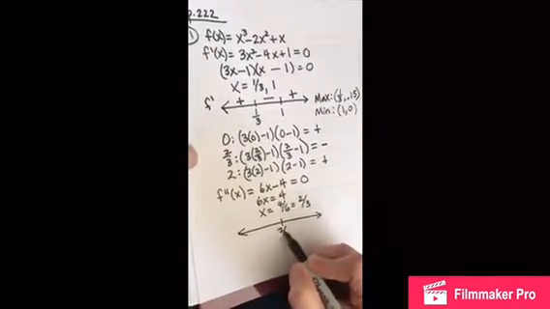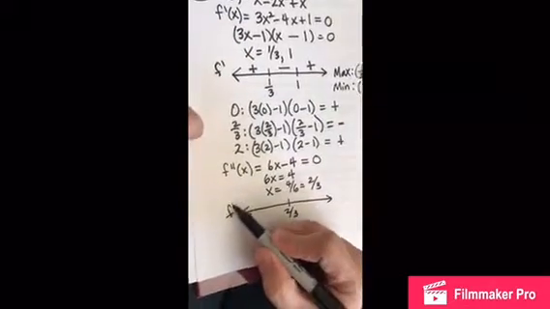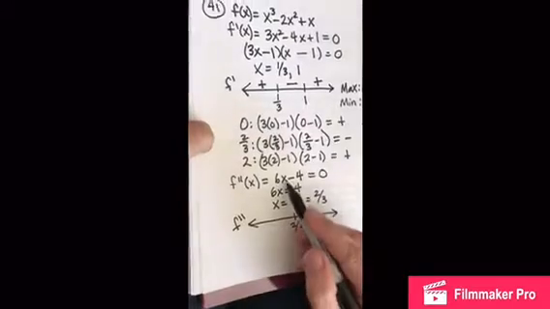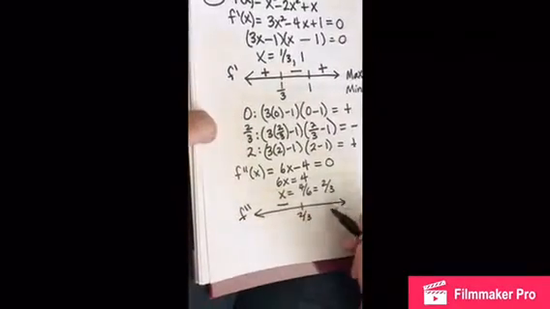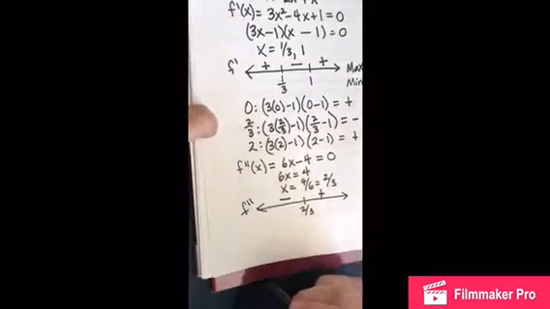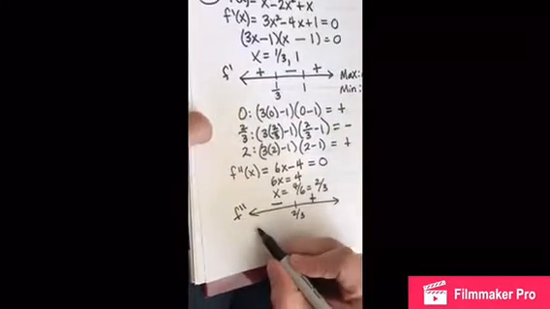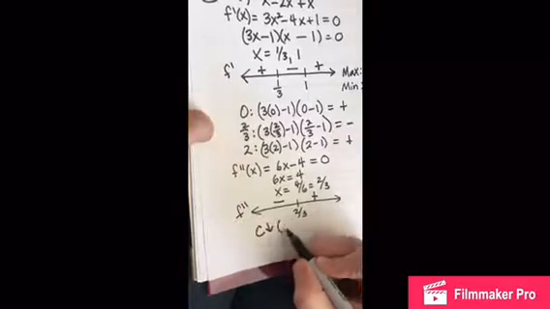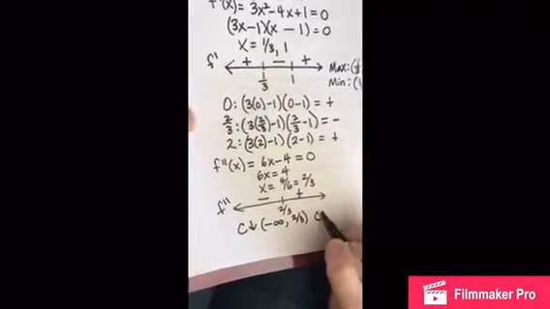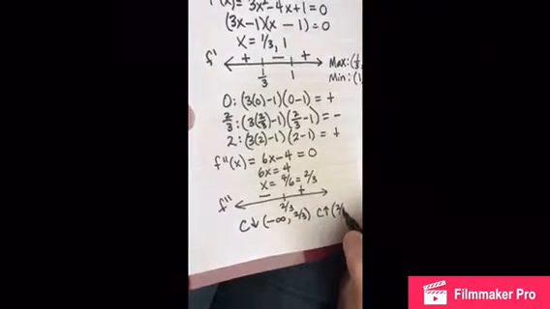We put that 2/3 on the number line, putting it back in the second derivative, and we test. If we test a 0, that's going to be negative, and if we test something like a 1, that would be positive. So that means it's going to be concave down from -infinity to 2/3, and concave up from 2/3 to infinity.